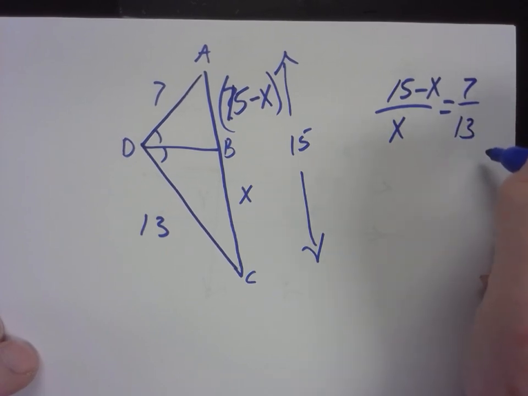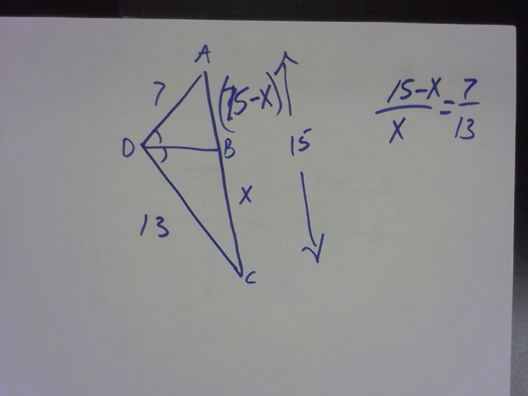Okay, so we've talked about 3 different triangle proportionality theorems today. We talked about the triangle proportionality theorem, we did the 3 parallel lines theorem, and we did the triangle angle bisector theorem. What I'd like you to do is get all 3 of those on a page of notes, and I want to know why they work.